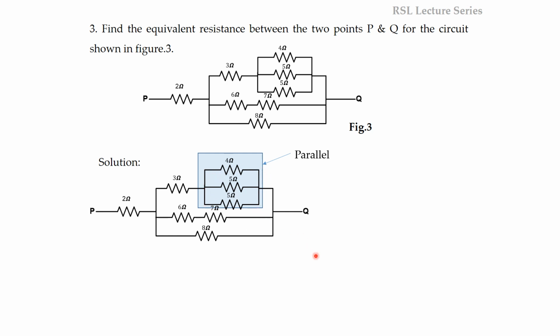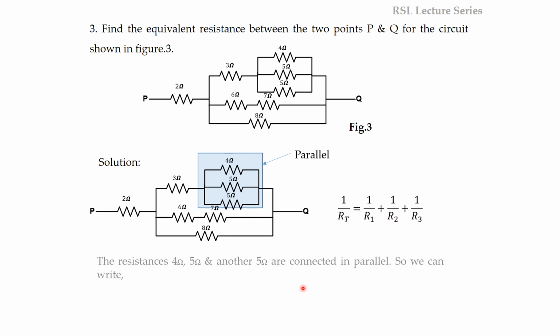So if we simplify it, then we know this formula, 1 by RT is equal to 1 by R1 plus 1 by R2 plus 1 by R3. So we can apply the formula here, 1 by 4 plus 1 by 5 plus 1 by 5. This is the R equivalent or the total resistance.